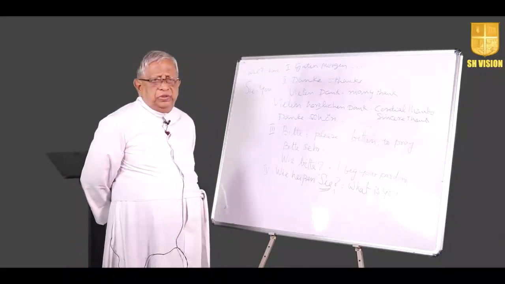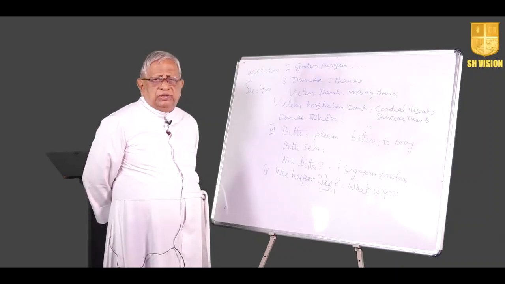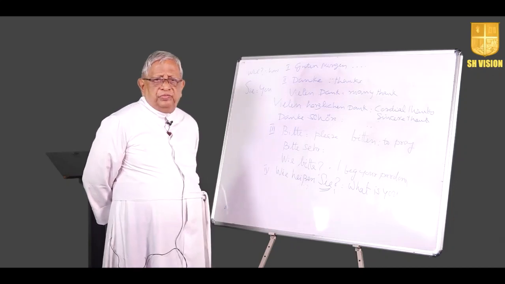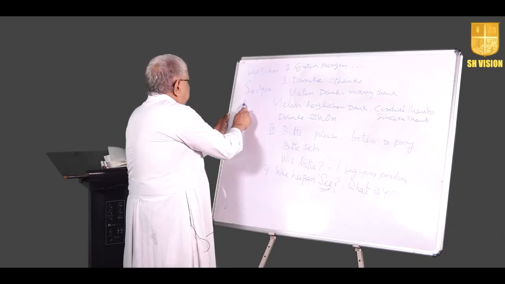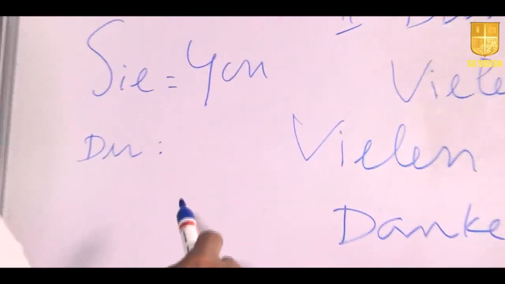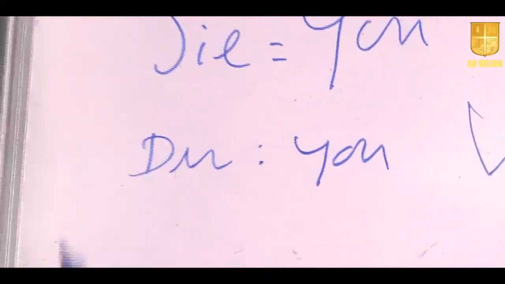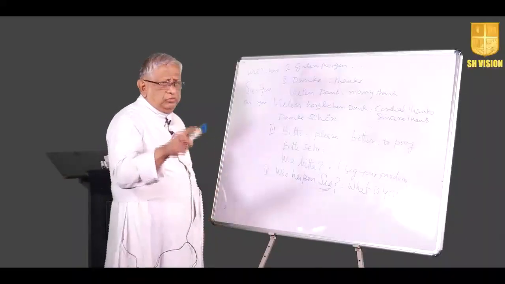If you speak to a superior, or to a stranger, you use this respect form. The familiar form, which you use to friends, relatives, brothers and sisters, is du. So du means you, thou.